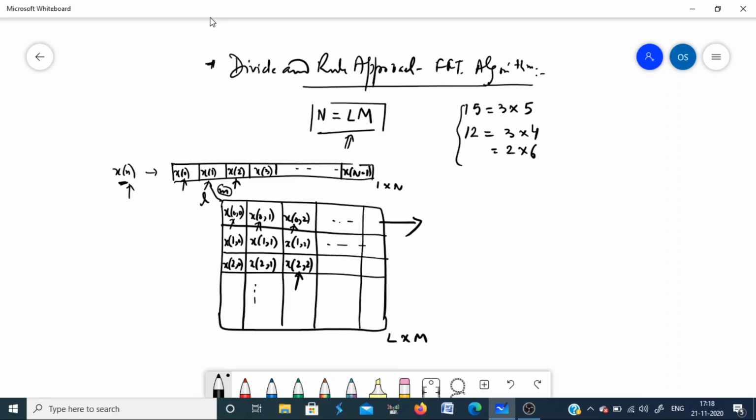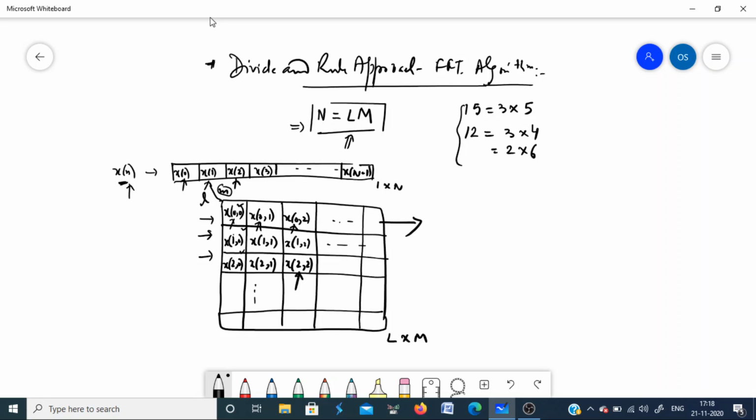If you go along the column, the column variable m is fixed, and the row index is changing: 0, 1, 2, and the last will be L minus 1. Okay, so this is the first step. You have to divide this N into two factors L and M, and then you have to create a two-dimensional array of L cross M.